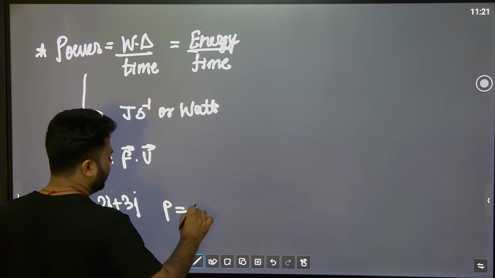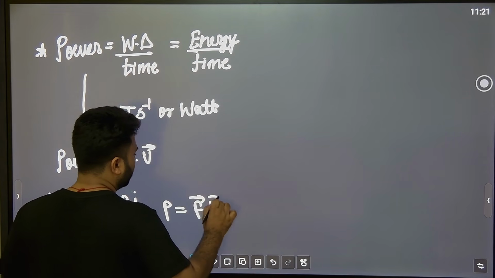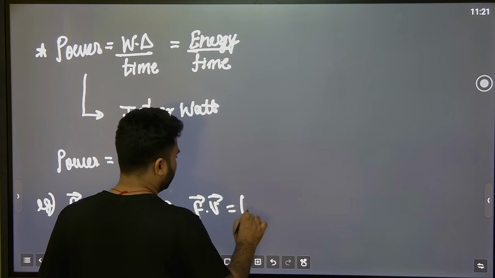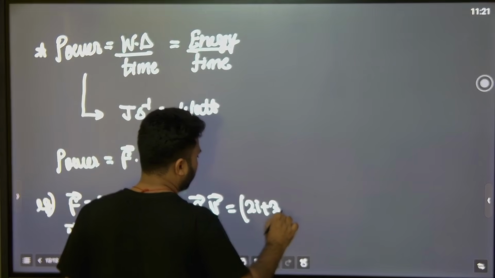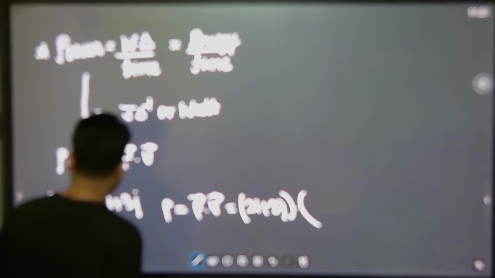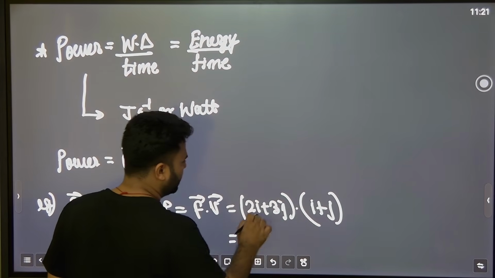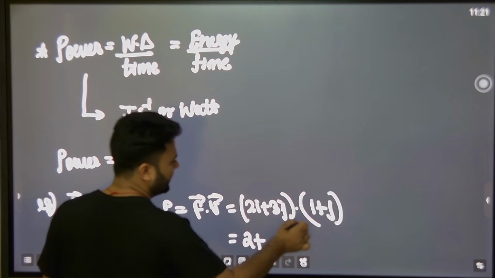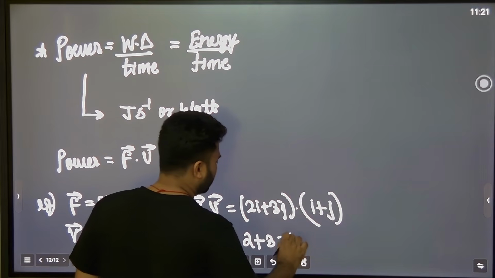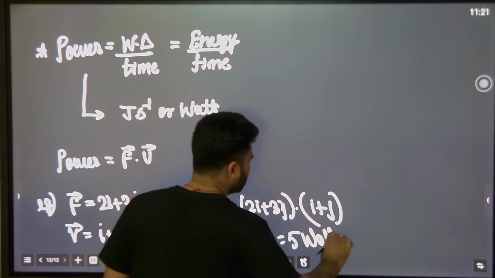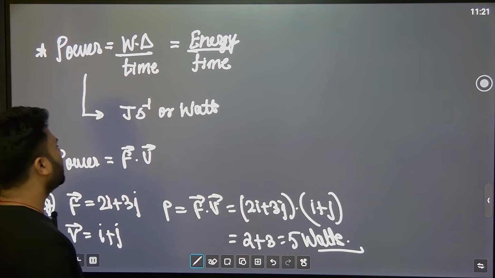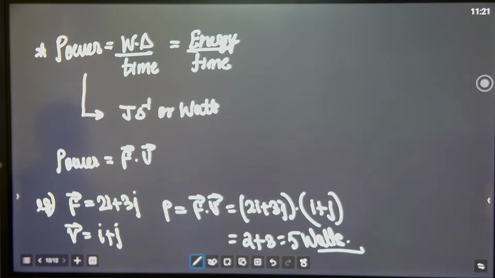So you will write F dot V. Do the dot product: (2i plus 3j) dot (i plus j). It will come 2 into 1 is 2, plus 3 into 1 is 3, so 5 watt.